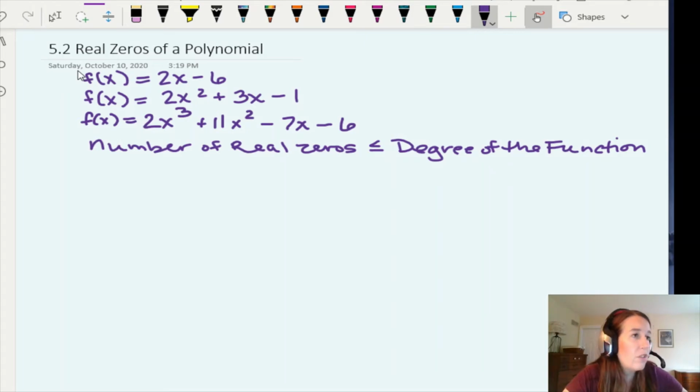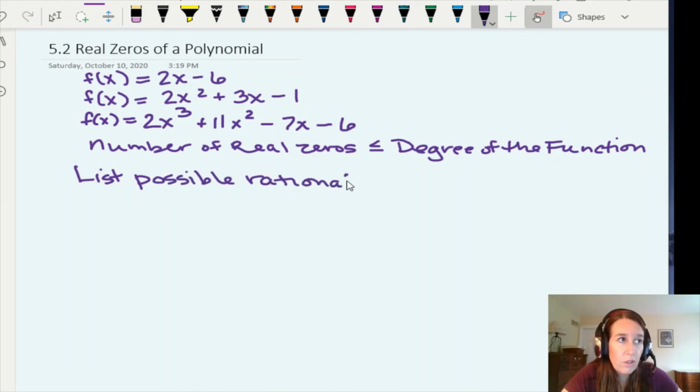All right, so what are those zeros, though? To find them, the first thing we're going to do is list the possible rational zeros.